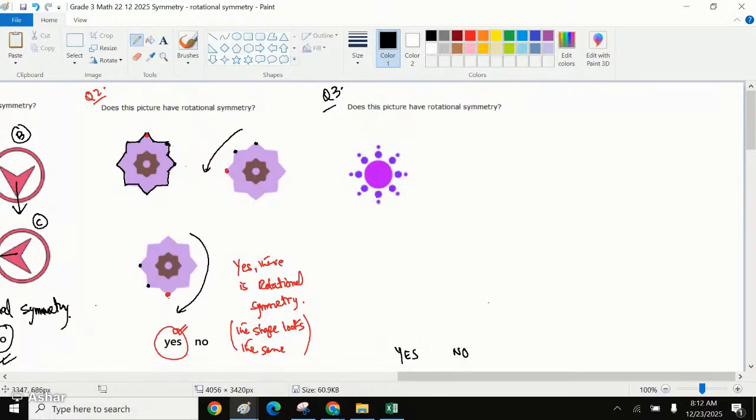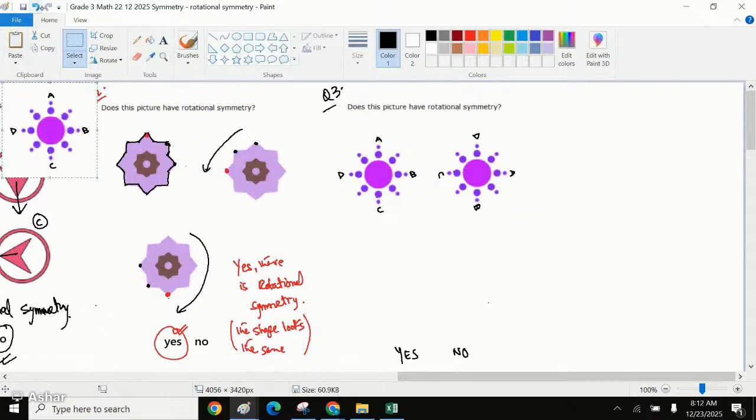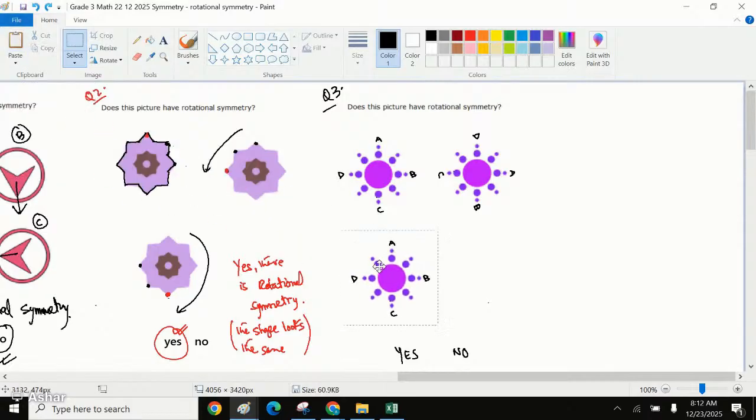Let's see. If I label this as A, B, C, and D, and the original shape was this, if we try to rotate the shape rightwards, does the shape still look the same? Or if we rotate the shape 180 degrees or from the left, does the shape look the same?